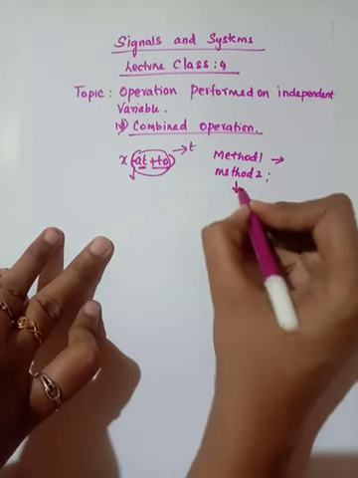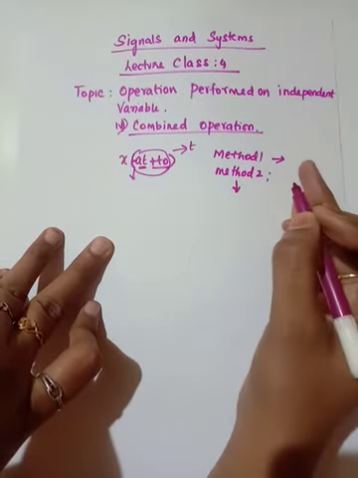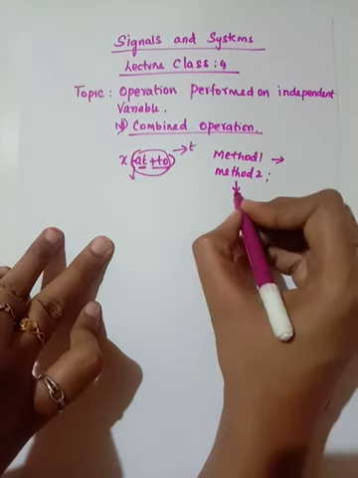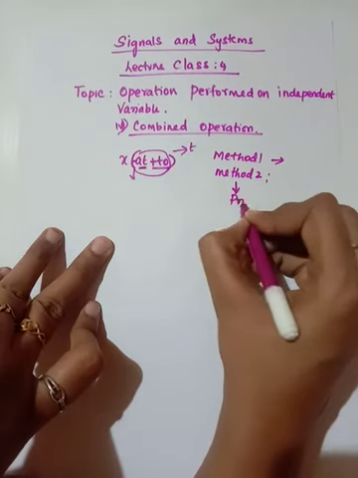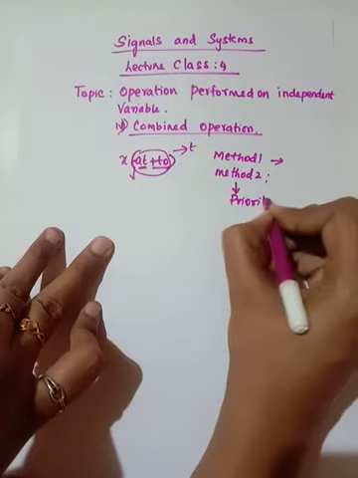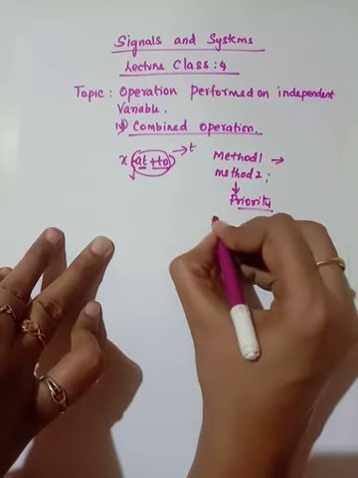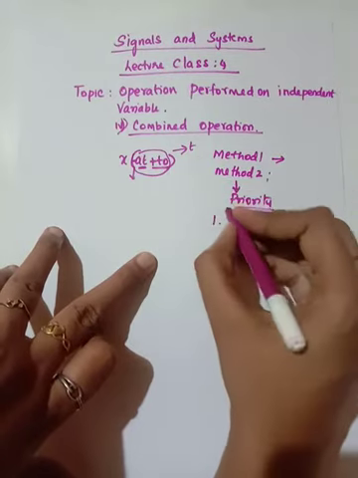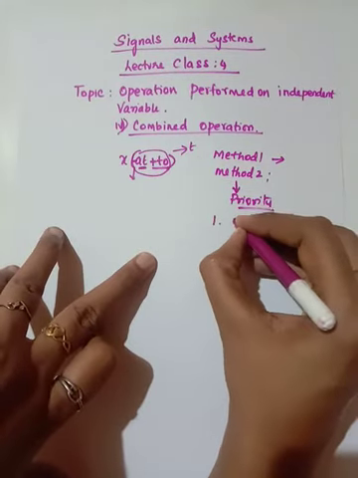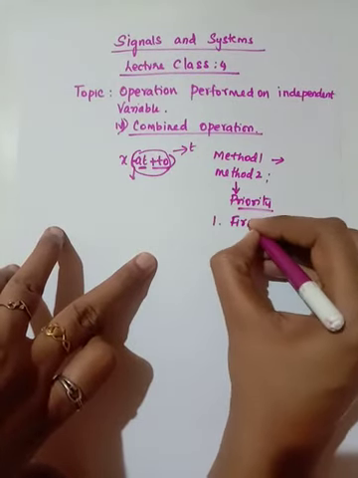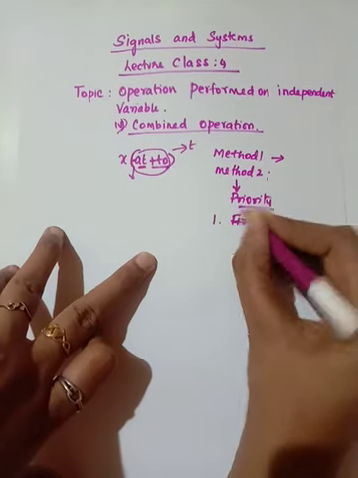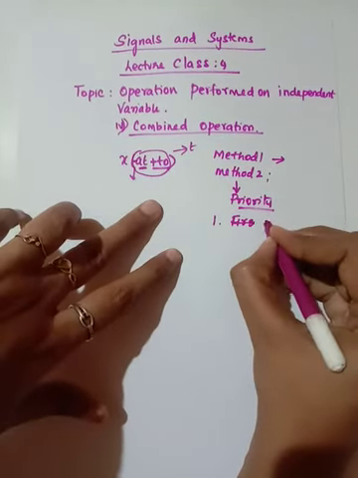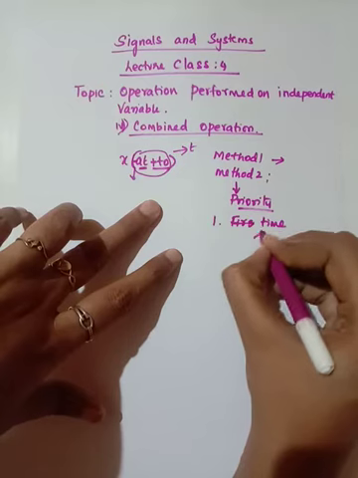Now in method 2, we perform it just by visualization. Here we need to give some priority to these operations. If these three operations are combined together, the first thing we need to do is perform the time shifting.